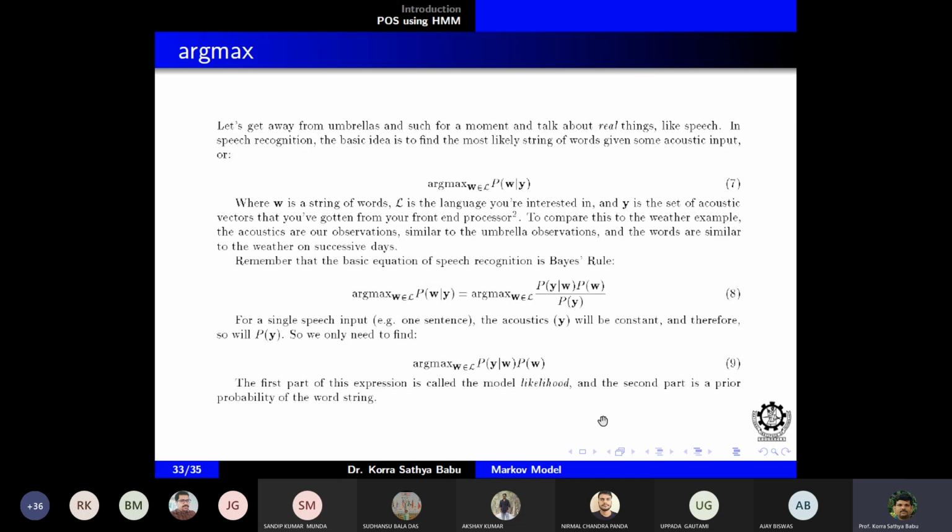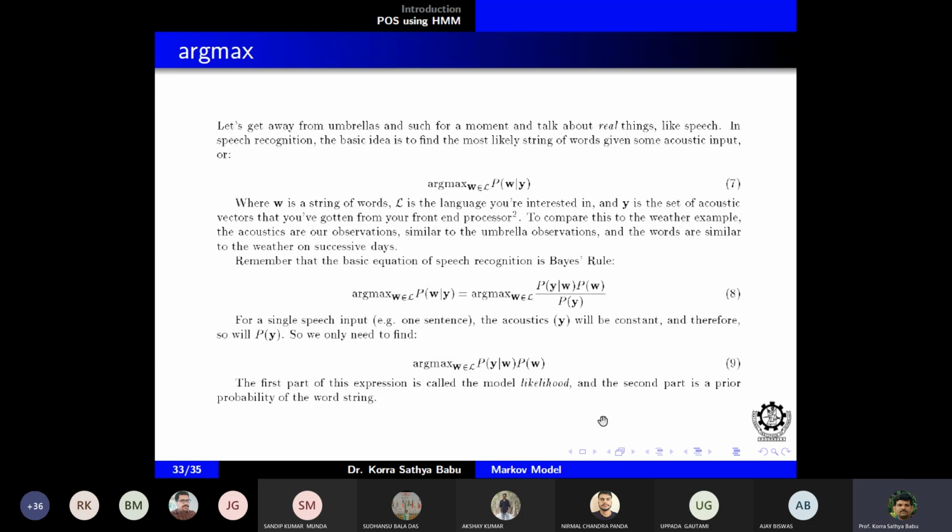Here we give the basic equation for speech recognition using Bayes rule. Argmax of w belonging to the language L, P of w given y, can be written as argmax w belonging to L of P of y given w into P of w, divided by P of y.